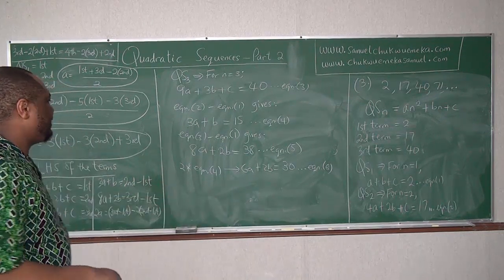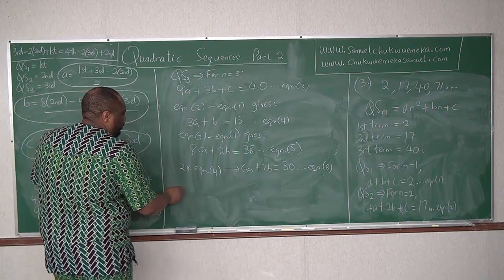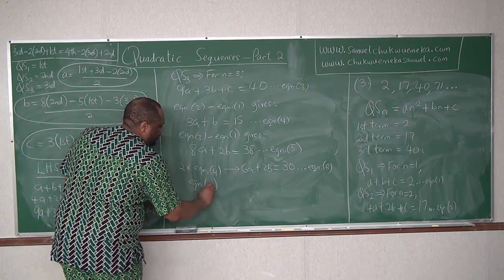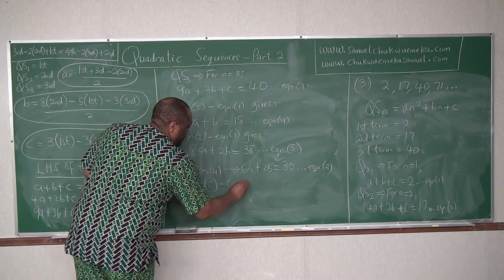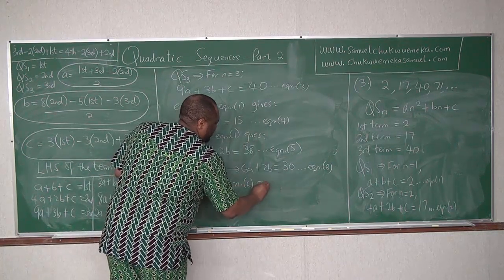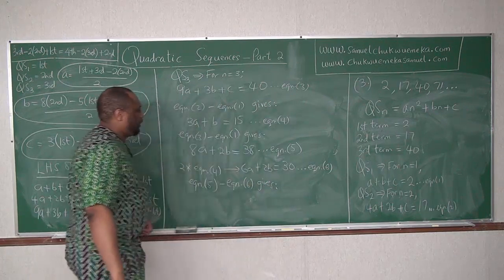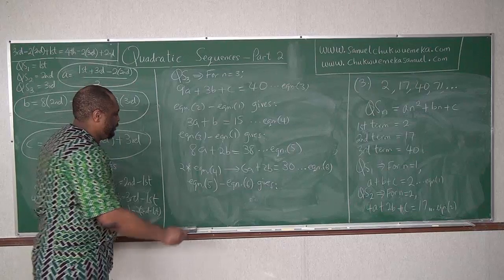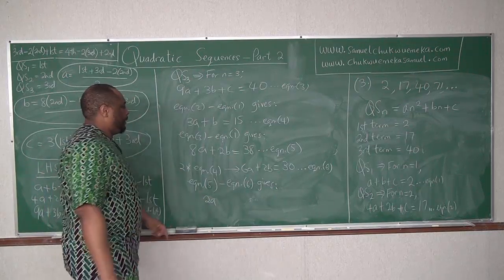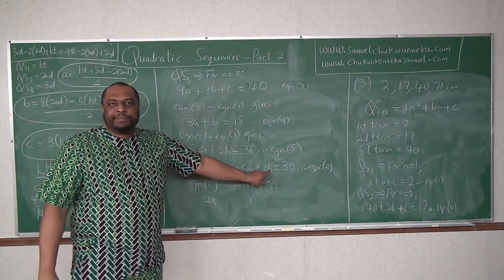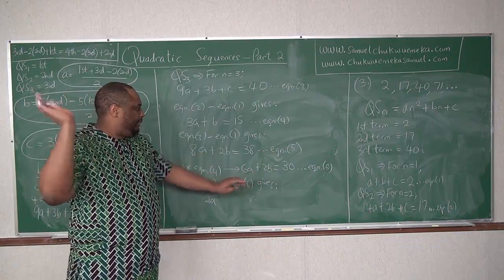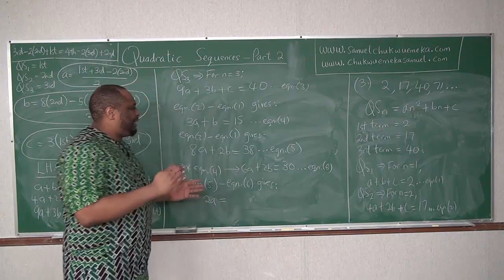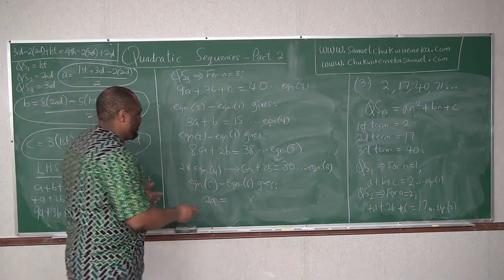So equation 5 minus equation 6 gives 8a minus 6a is 2a, plus 2b minus plus 2b, 2b minus 2b is gone. Equal to 2a is equal to 38 minus 30 is 8.